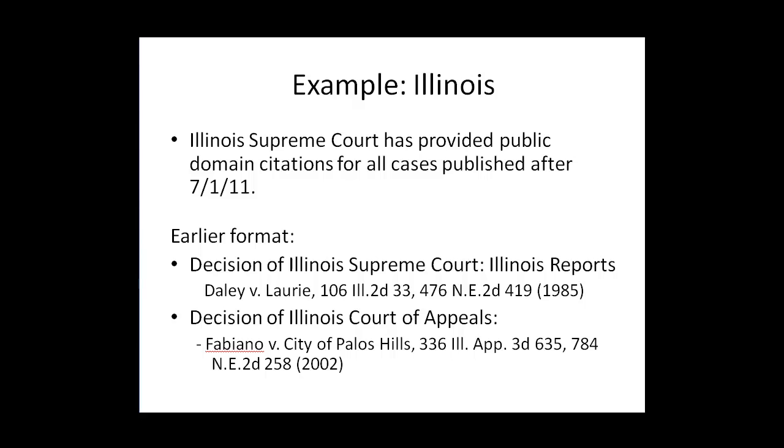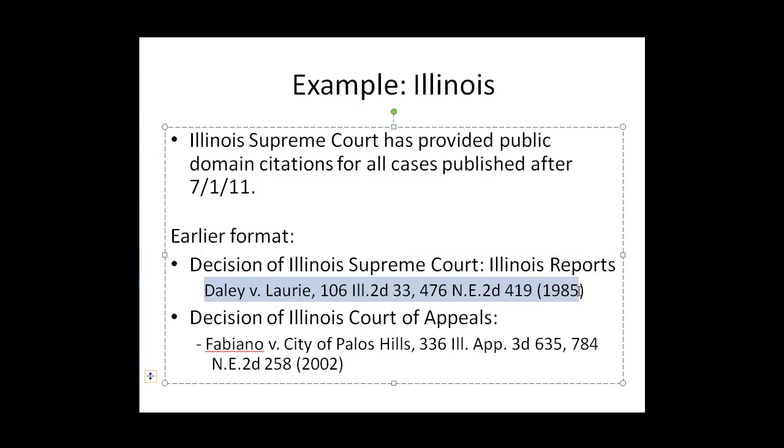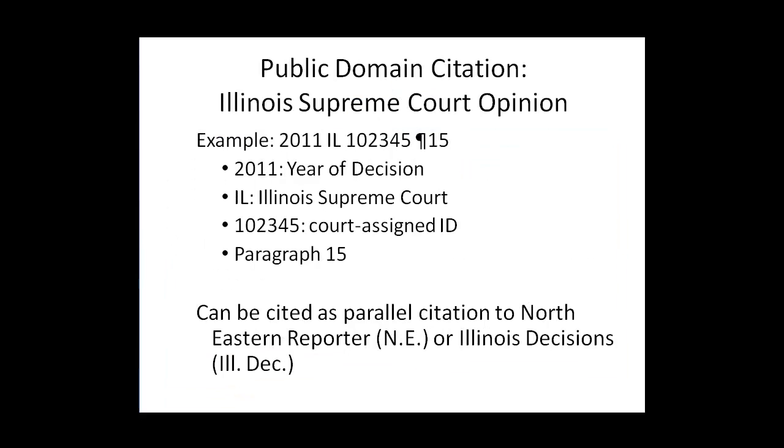For the Illinois Supreme Court, it was published in the Illinois Reports, and the citation would look like this, with this Ill. 2d. And then decisions of the Illinois Court of Appeals would be published right here in the Illinois Appellate Reporter. But now, with the cases appearing after July 1st, 2011, they have this sort of format.